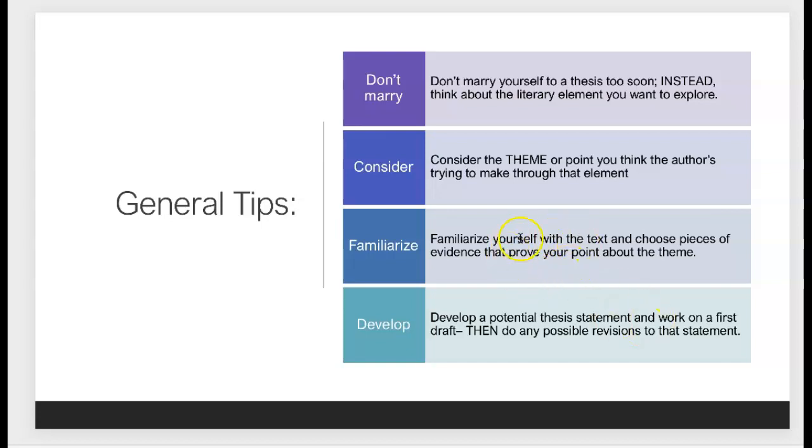This is so important because a major component of this essay is to use and integrate direct quotations from the text to prove or to analyze. That's the point of your analysis, really, to choose pieces of evidence from the text.